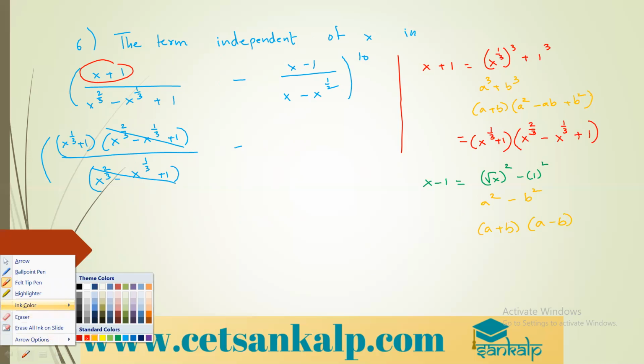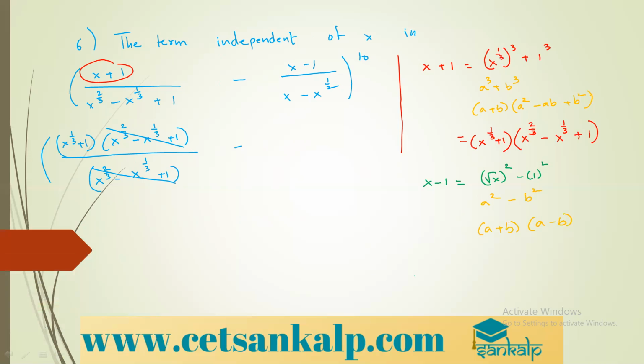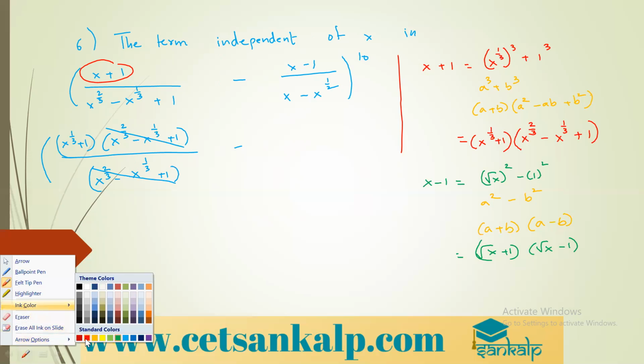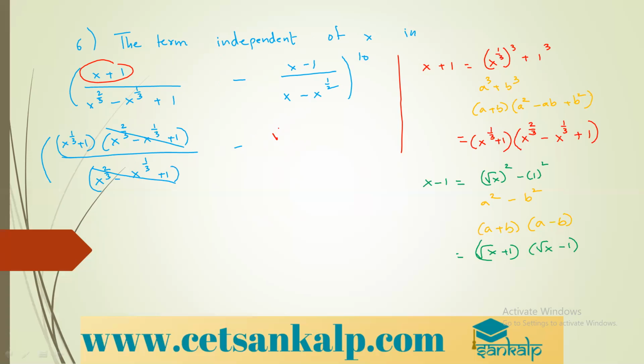So when I use that formula, what will I get here? I will get (root x plus 1) into (root x minus 1). So the same thing I will write in the question: numerator root x plus 1 into root x minus 1.